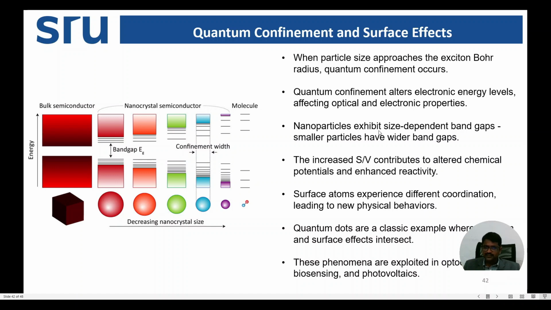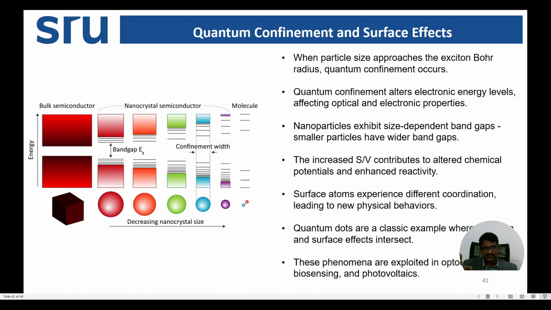So nanoparticles exhibit size-dependent band gaps. Smaller particles have wider band gaps. That's what we have discussed, right? If you change particle size, it is reflected in changing the band gap.